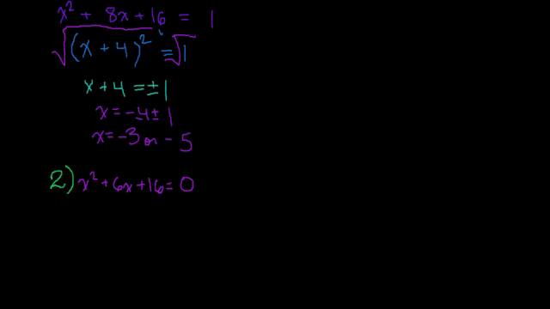So how do you get from 16 to 9? Well, you subtract. And what would you subtract? You subtract 7. I'll subtract 7 on both sides. And we'll get that x squared plus 6x plus 9 is equal to negative 7.